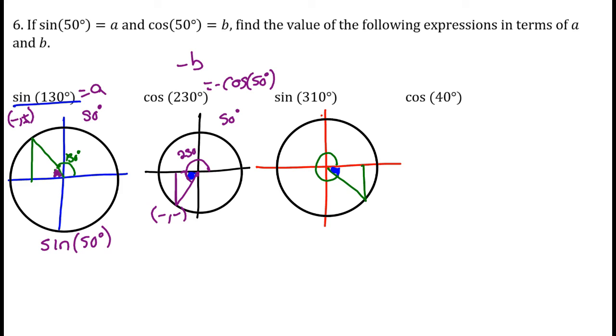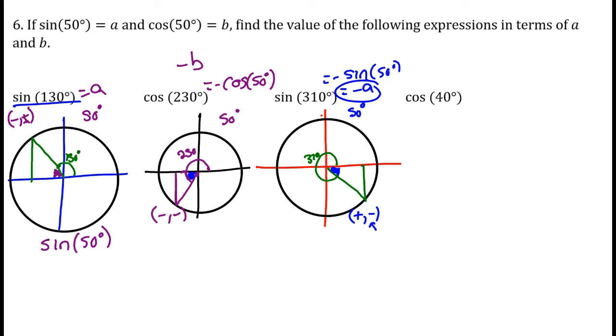That green angle is 310. That blue gets me back to 360, so my reference angle is 50 degrees. Well, quadrant 4 are plus minus. Sine is your y value, so it's negative. So this is negative sine 50. The sine of 50 is a, so this is minus a.